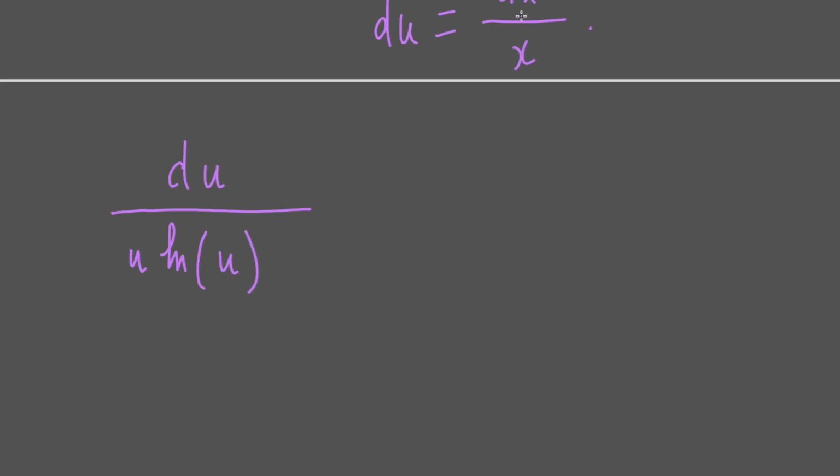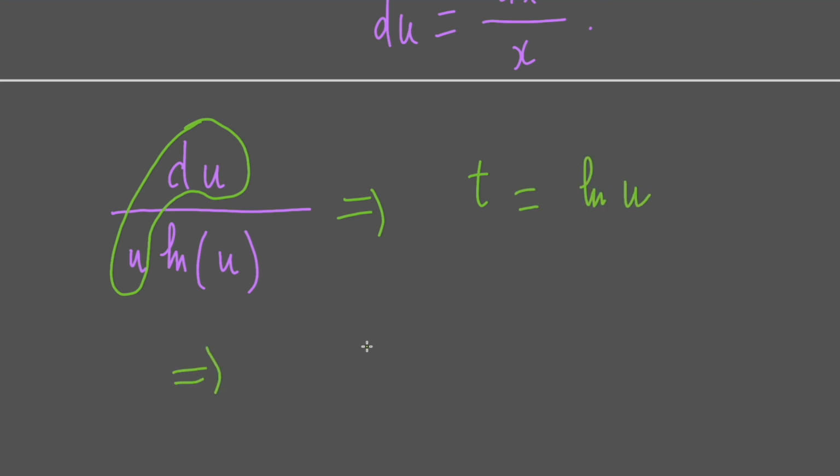Okay, this again, you can see the du and u repeat the step as above. Then you will have t equal to ln u. Then you will have dt equal to du over u.